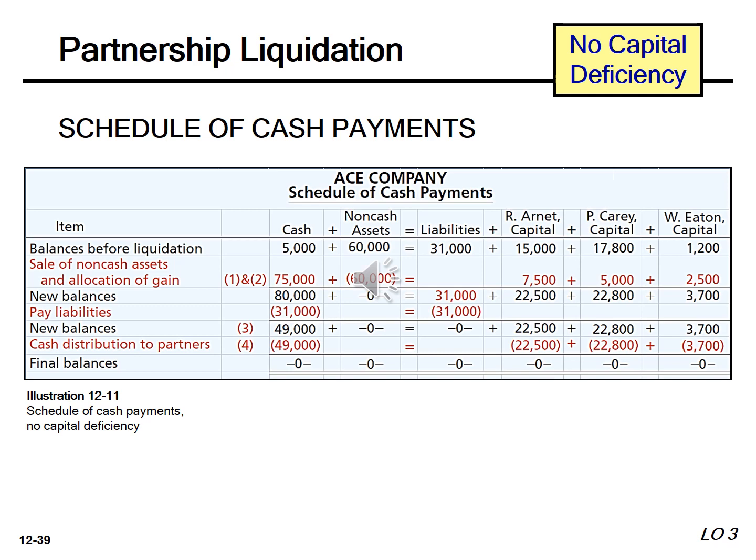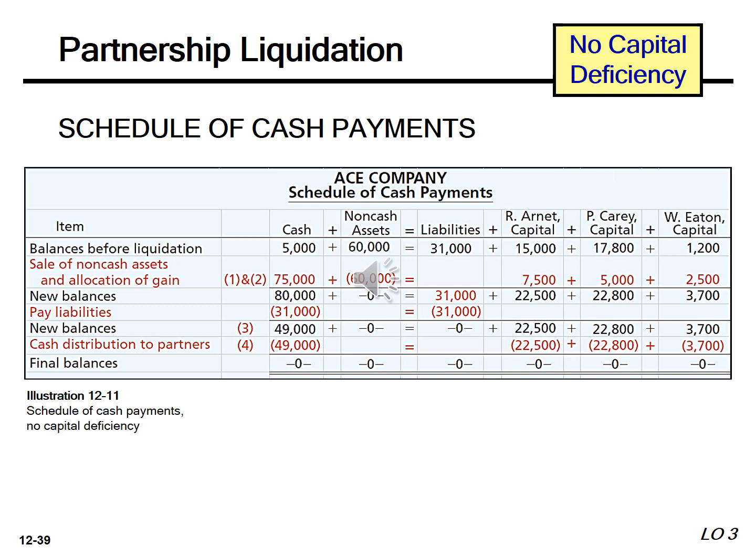After the sale of non-cash assets and the allocation of gain, we see that our cash has increased by 75,000, which is the amount that we received for the sale of non-cash assets. And of course, we are going to deduct the balance under the non-cash assets column because we sold all of these assets. So we'll subtract 60,000. On the capitals side, we will show the split of the amounts that are allocated to each of the owners.